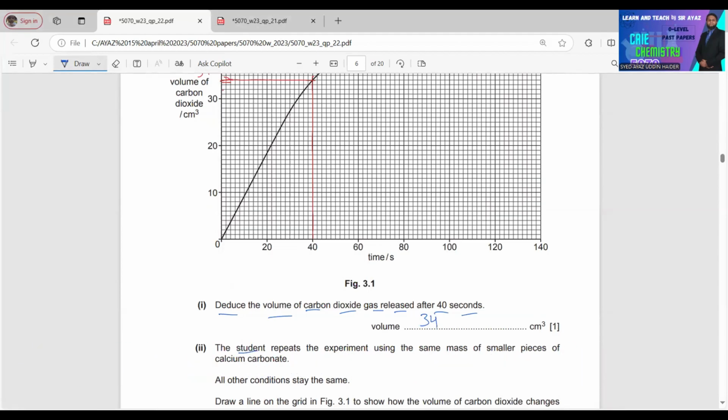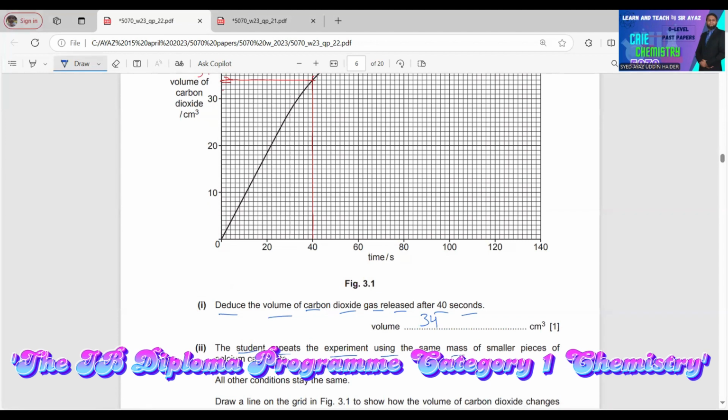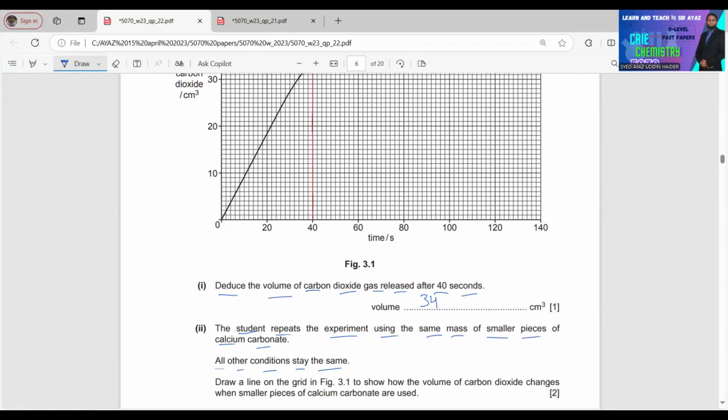Part 2, the student repeats the experiment using the same mass of smaller pieces of calcium carbonate. All other conditions stay the same. Draw a line on the grid in figure 3.1 to show how the volume of carbon dioxide changes when smaller pieces of calcium carbonate are used.